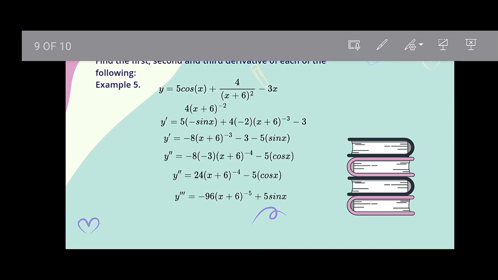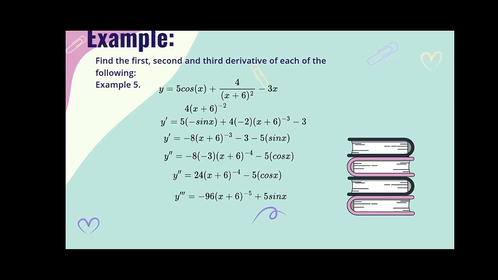So we will multiply it to negative 5. So it will become positive 5 sine x. So our third derivative is negative 96 times the quantity of x plus 6 raised to negative 5 plus 5 sine x. So we are now done discussing higher order derivatives.